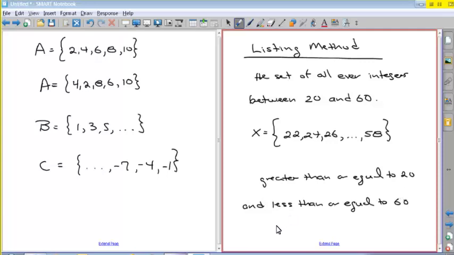If that was the set, then the notation would be, again, the brackets. You'd go 20, 22, 24. I've established my pattern, ... 60. So make sure you carefully read what they're asking for.